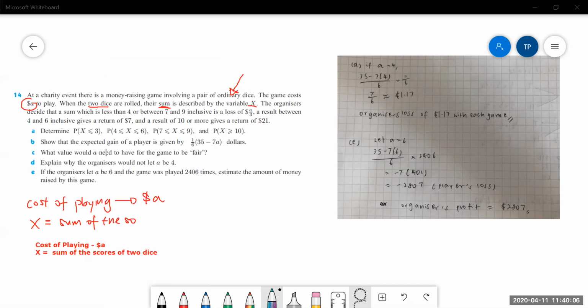The organizers decide that a sum which is less than 4 or between 7 and 9 inclusive is a loss of this. Okay.